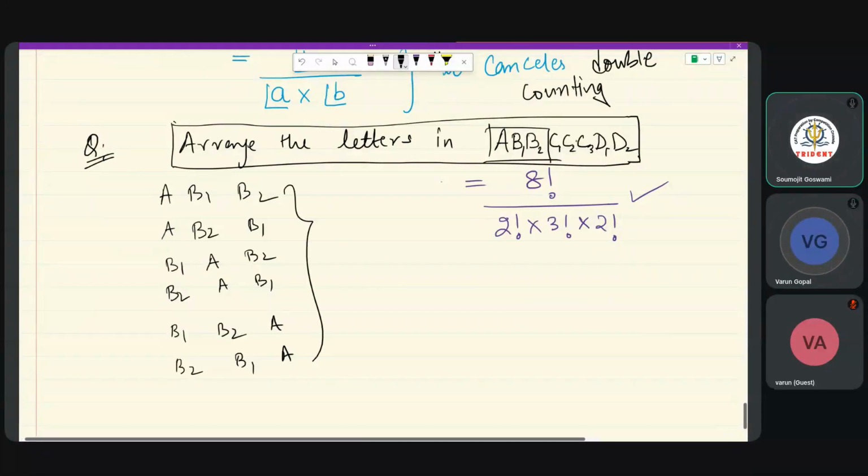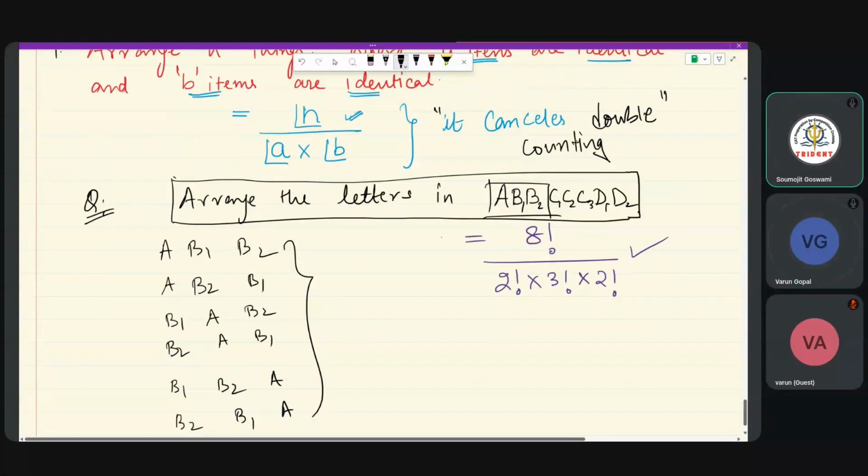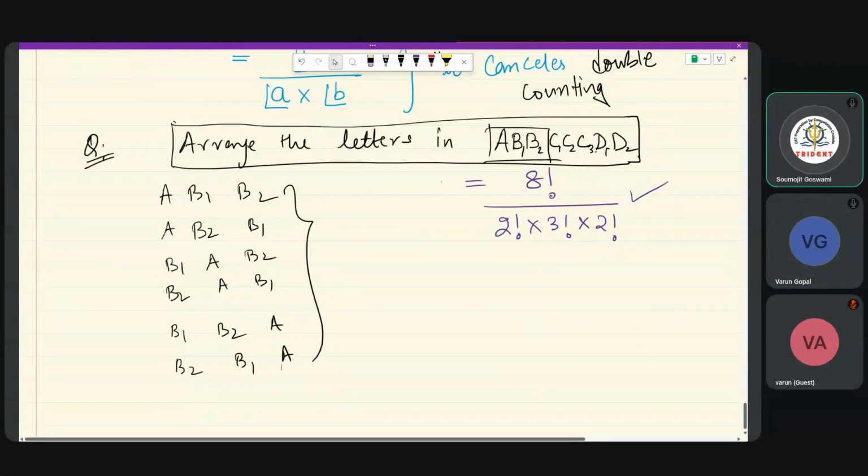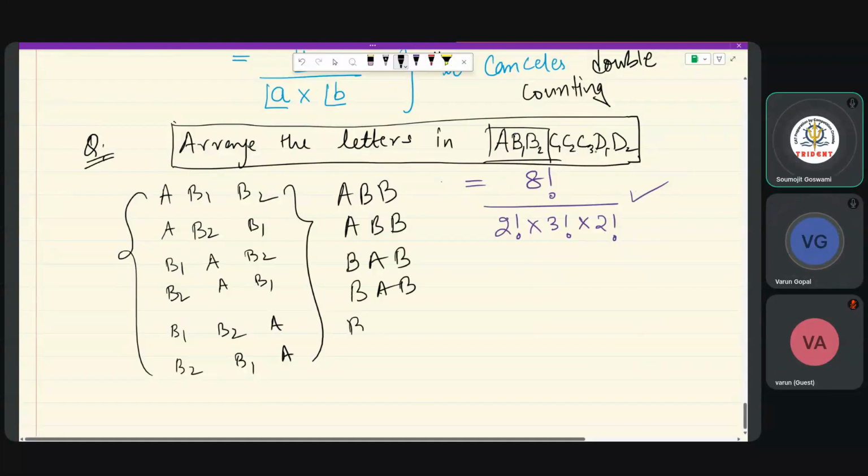Now, please understand, when we do n factorial and do not divide by a factorial into b factorial, it also counts these arrangements. But what are these permutations? This is nothing but A B B, A B B, so twice. Then B A B, and then B B A, and then again B B A. You can see 2 times, which is the significance of why we are dividing by 2 factorial.